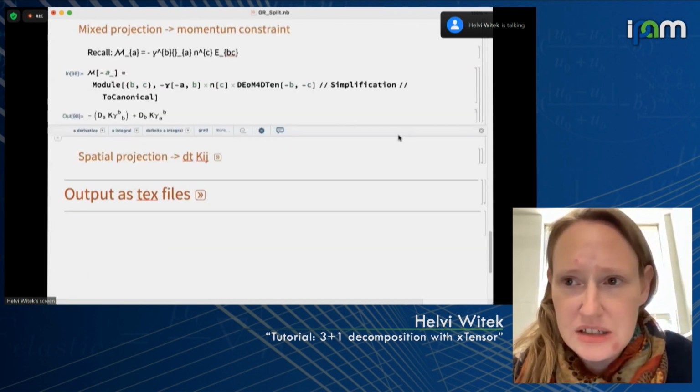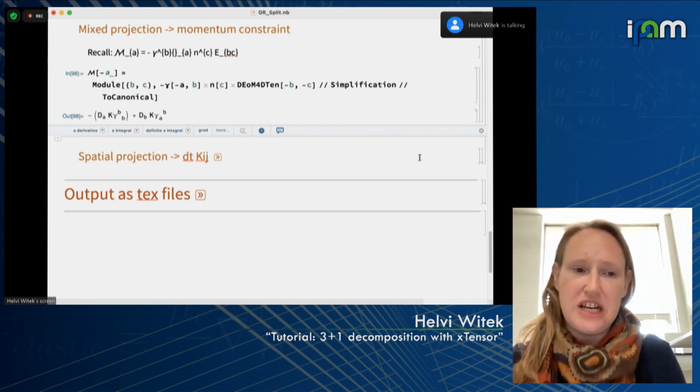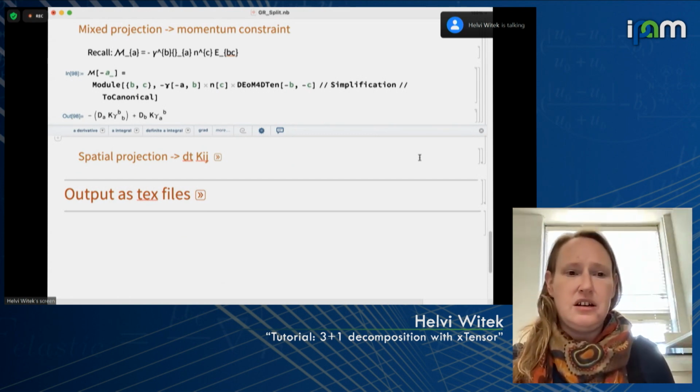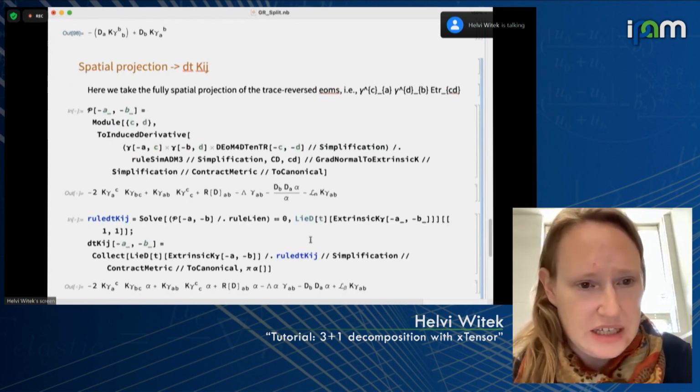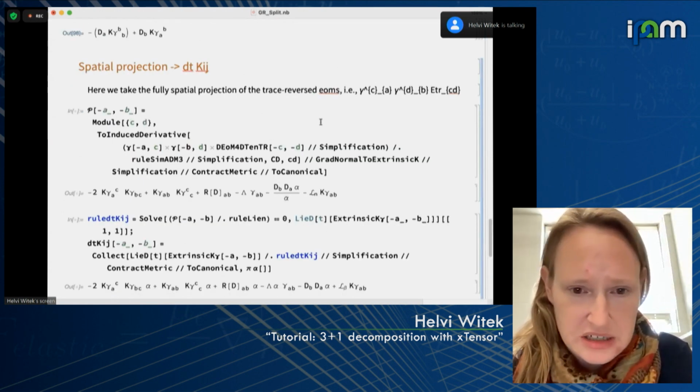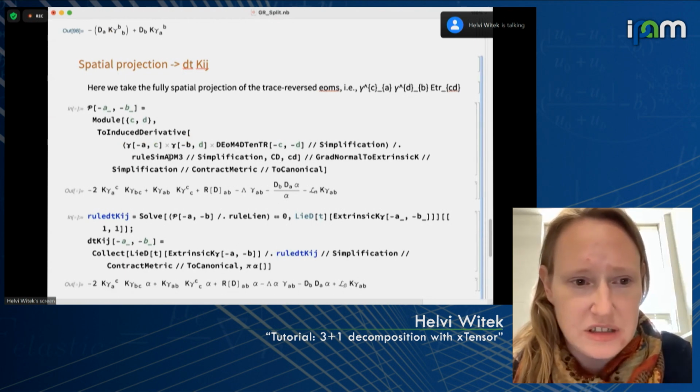And then the last set of equations that we need is our evolution equation for the extrinsic curvature. And we get that by projecting our field equations onto the hypersurface in both indices. Okay, and actually what we can do here is, again, go step by step from the inside to the outside.